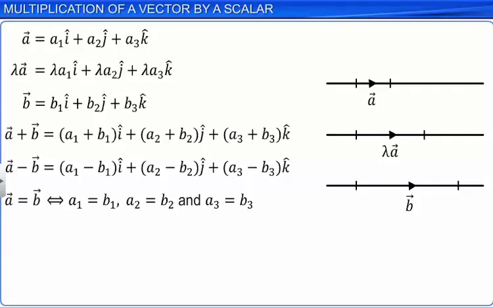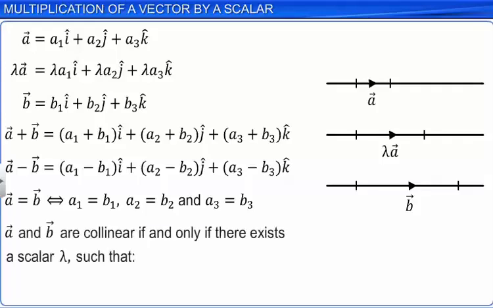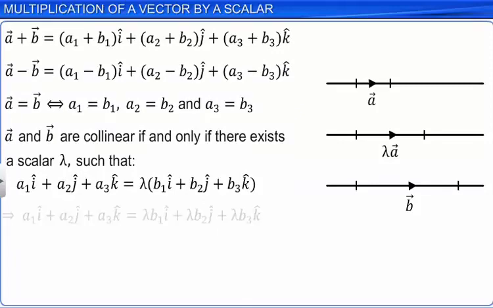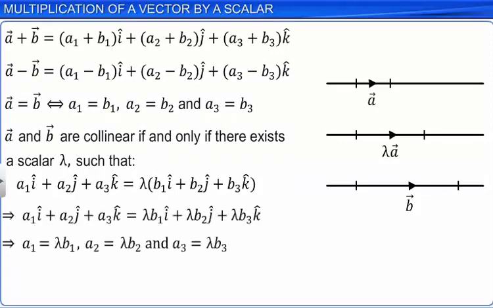The given vectors A and B are collinear if and only if there exists a scalar lambda such that the component form of one vector is equal to lambda times the component form of the other vector. On simplifying, we find that the two vectors A and B are collinear if their corresponding scalar components are in a constant ratio.